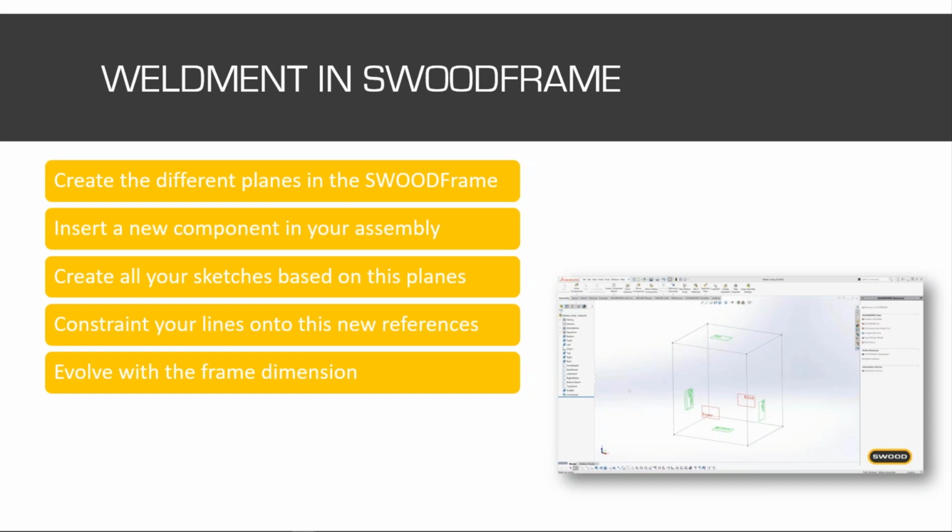You then edit this part and create all your WELDMENT parts in this specific part. You base your sketch on the different geometric references that you have in your assembly, and this way, all your designs will evolve with the new dimensions of your assembly.